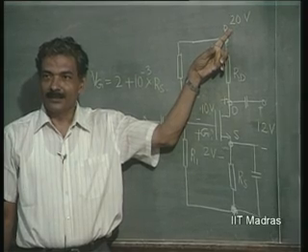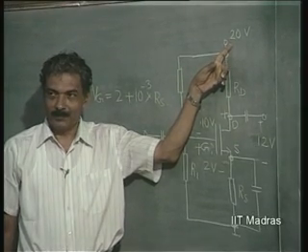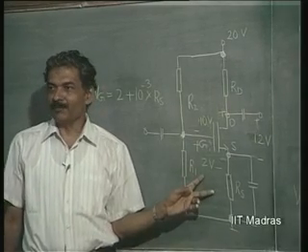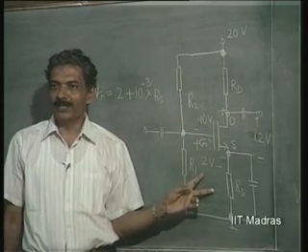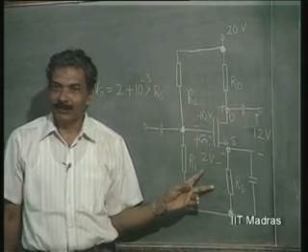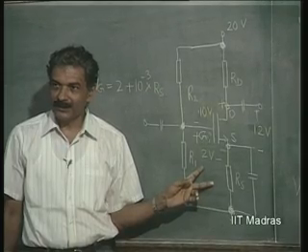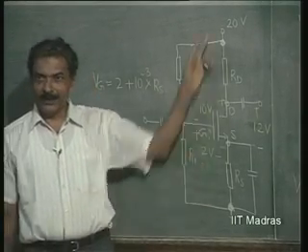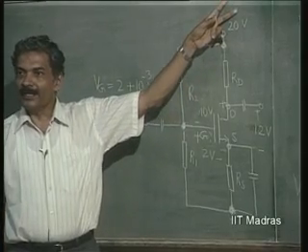So, this is a problem. So, here for this given problem, I cannot make the operating point very stable. Do you understand this situation? I can make the operating point very stable only if I make this very high.